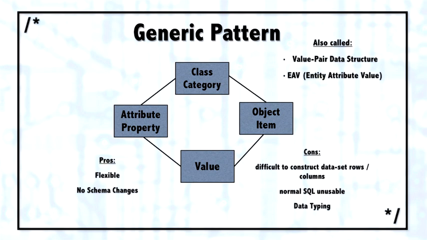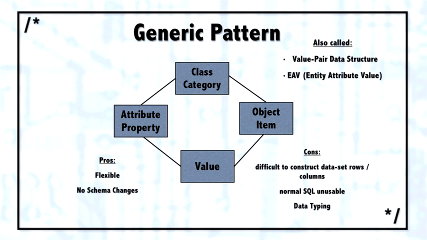On the positive side, the generic pattern allows you to be very flexible with your logical schema changes. You can add classes, you can add attributes and properties without any changes to the schema at all on a physical level. It's just the 4 tables. However, even though this can be very appealing, it is difficult to extract data out using normal SQL.